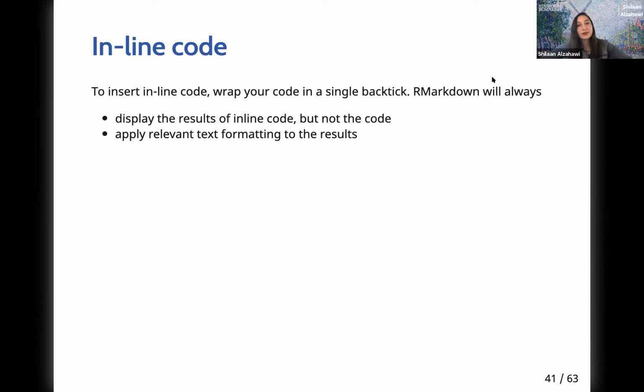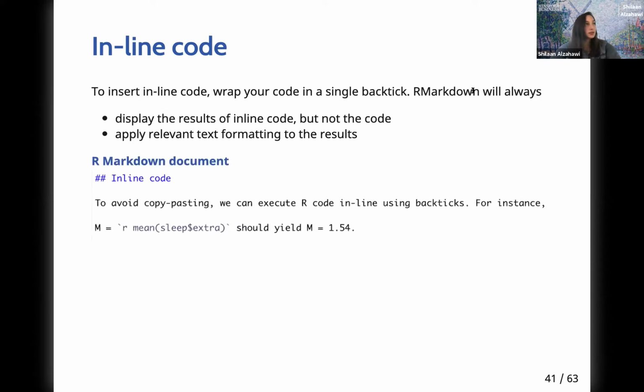Our goal is to never have to write that out manually again. So this is where the magic comes in. I love inline code and use it all the time. What R Markdown will do is display the results of the inline code, but not the code itself, and apply the relevant text formatting to the results. So here's an example.